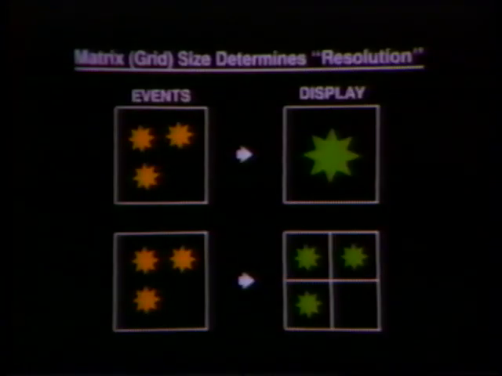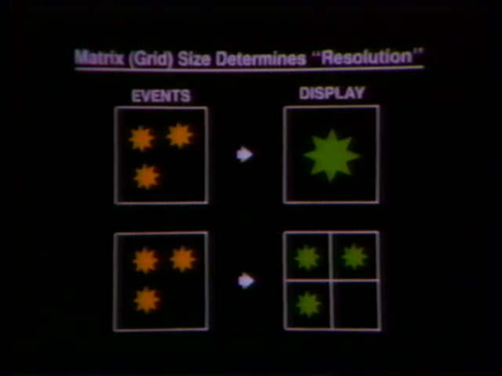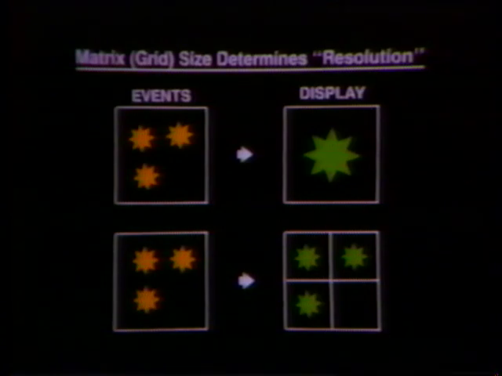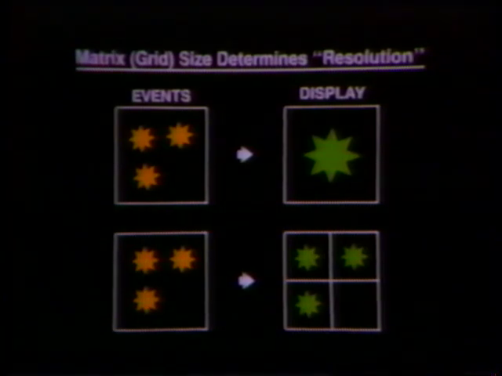In effect, then, we cannot see objects smaller than 6.25 millimeters. So, if multiple events took place side by side in the same matrix location, they would be interpreted as a single event. Consequently, the matrix size that we use determines the ultimate resolution that we are able to see on the computer display.